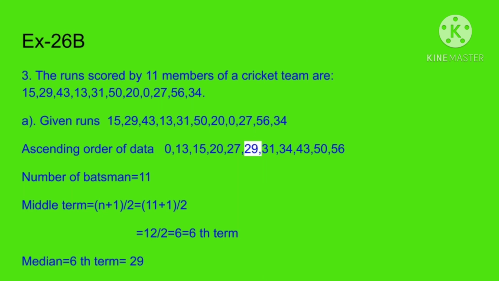In place of n, place 11, 12 by 2 is equal to 6. Your sixth term in ascending order of data is 29, that is your median. Now we learned which formula we have to use if the number of observations is odd.